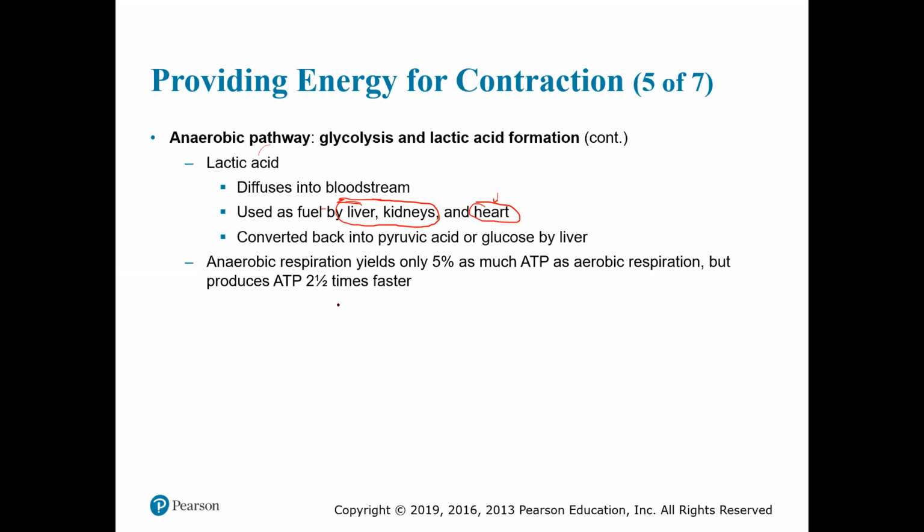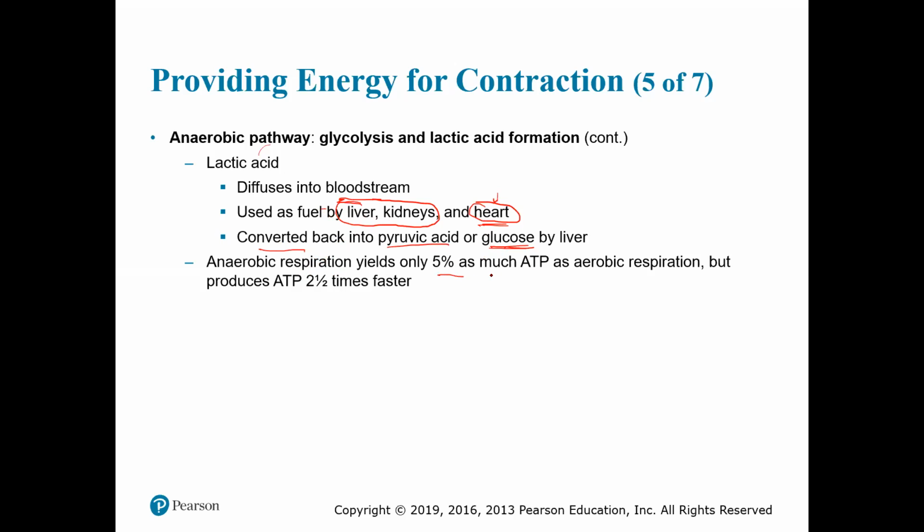But your brain needs glucose, and your brain needs oxygen, and your heart does too. It can use lactic acid, but you don't want it to get to that point. So lactic acid, the liver can convert it back to pyruvic acid and then to glucose, which can be recycled. So lactic acid can be recycled as long as it keeps running through your blood.